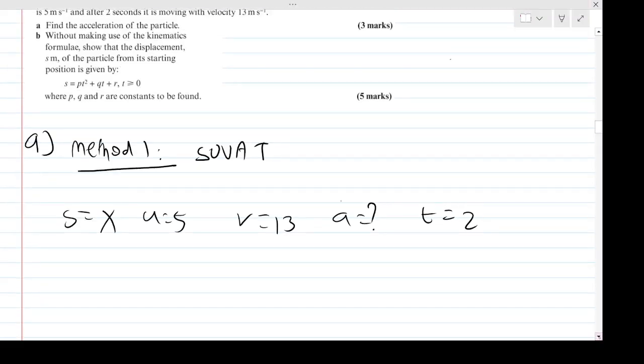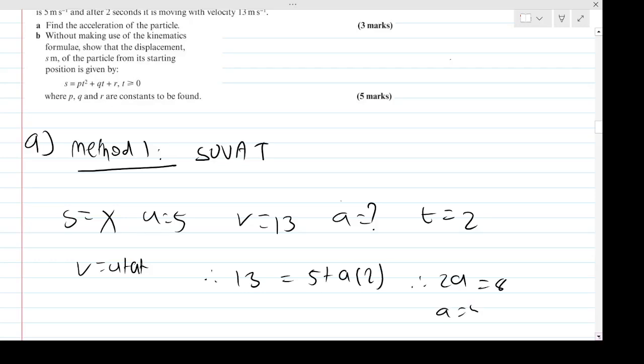So that will invoke the formula v is u plus at. Remember, we've got these 5 Suvat formulas. We take the formula that does not involve the part we don't care about, so we don't want the formula with an s in. So we sub that information in. That means 13 is going to equal 5 plus a lots of 2. So therefore 2a is going to be 8, so a is 4.